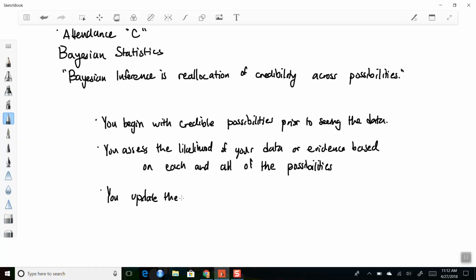Update credibility or probabilities of the possibilities. And we actually operate with a similar framework throughout life.